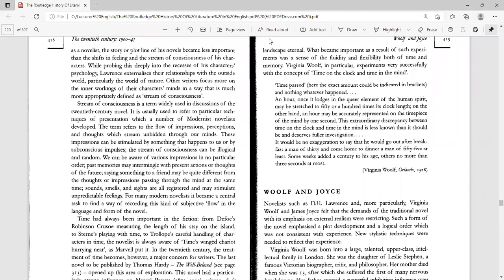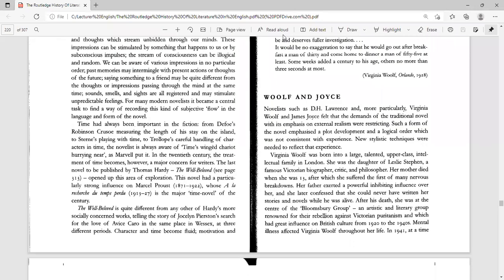The stream of consciousness technique was employed by many novelists, including the great influence on 20th century fiction, French novelist Marcel Proust. Proust was, we can say, the guiding star of stream of consciousness novels. He impressed all stream of consciousness writers, including Virginia Woolf and James Joyce, the two significant novelists.